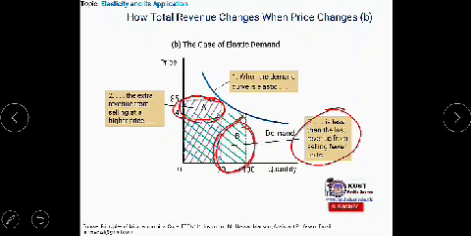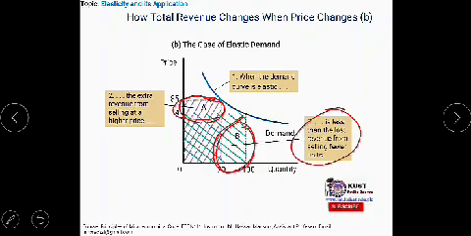So the lesson or the conclusion from this discussion is that whenever the firm is selling a product which is having an inelastic demand, it means that this product has substitutes not available in the market.